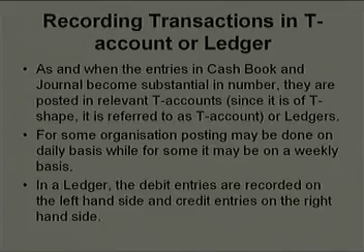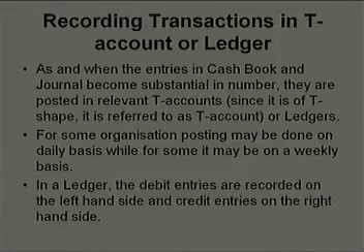For an increase in liability, whether I should put it in the debit side or the credit side. So, using those conventions, we will record those transactions in T account, which is also sometimes referred to as ledgers. Now, in a ledger, you will find that the debit entries are recorded on the left hand side and the credit entries are recorded on the right hand side.